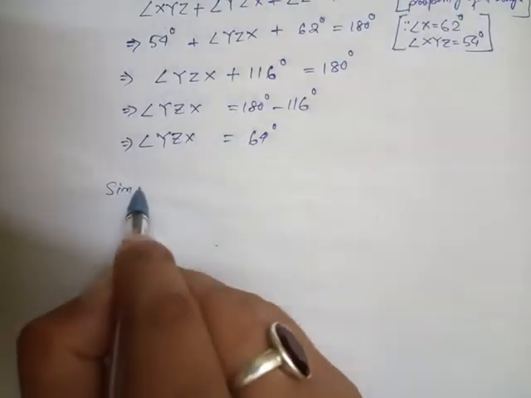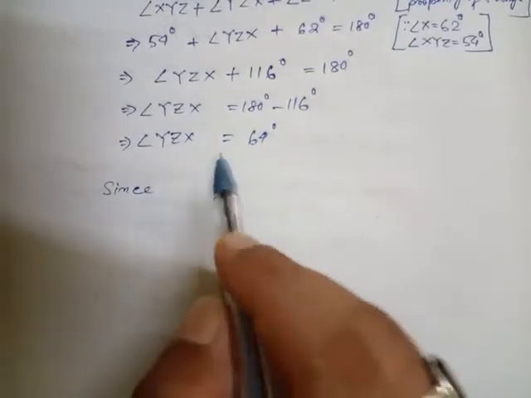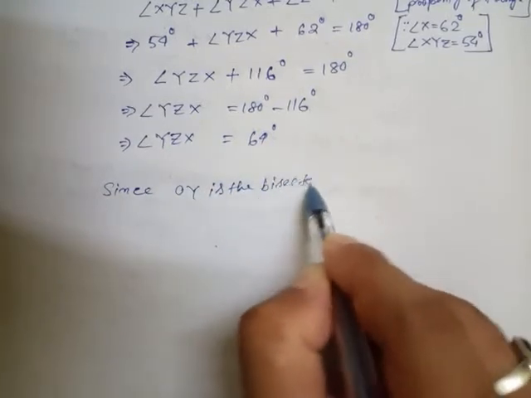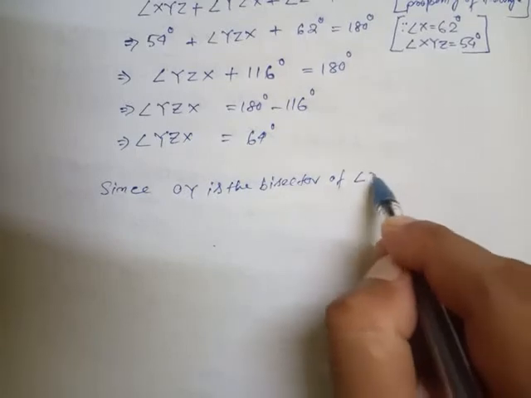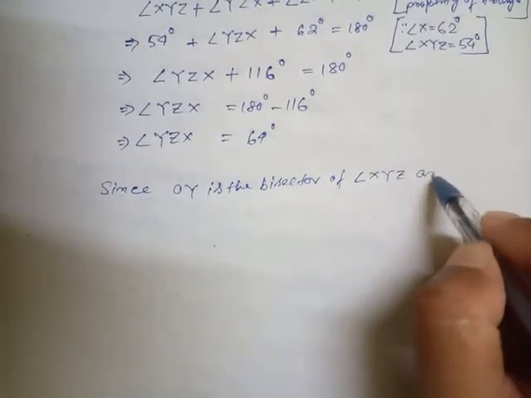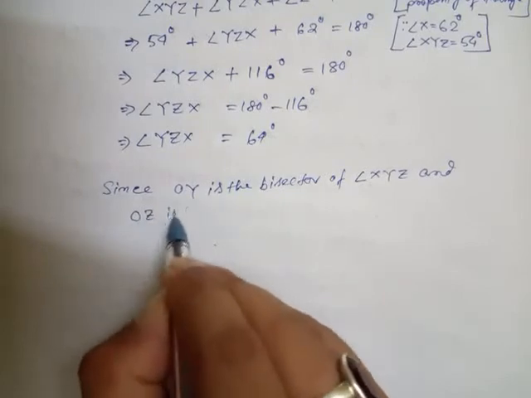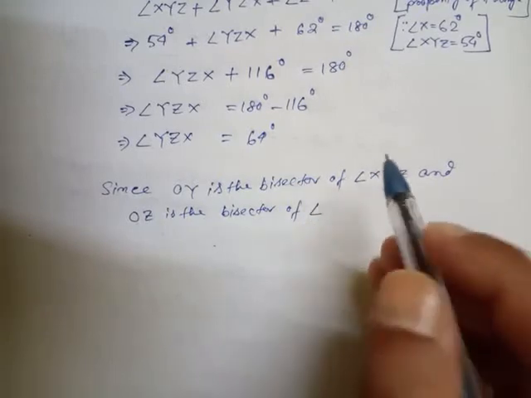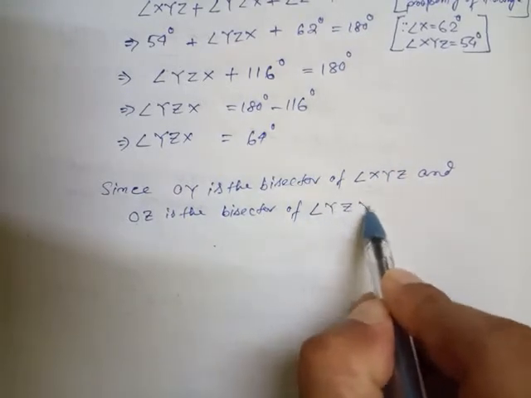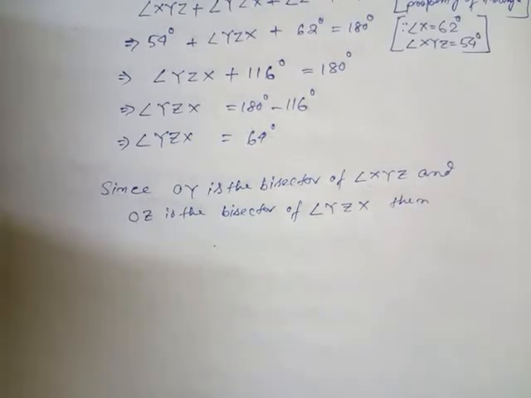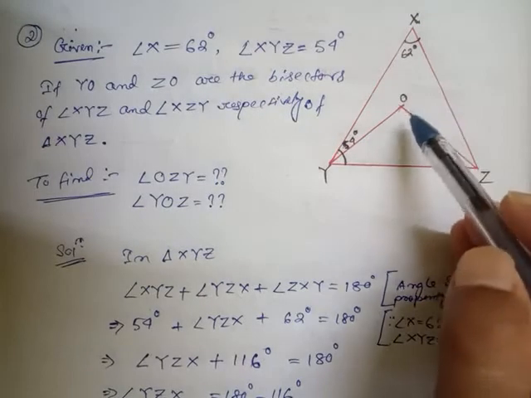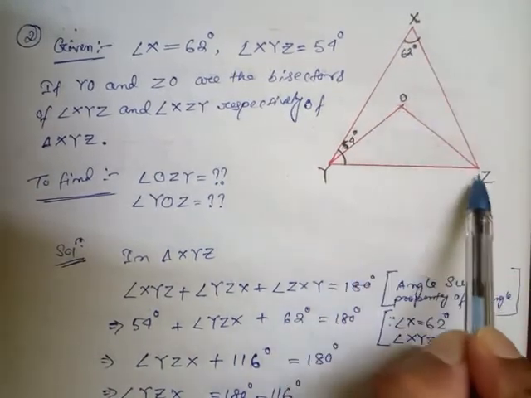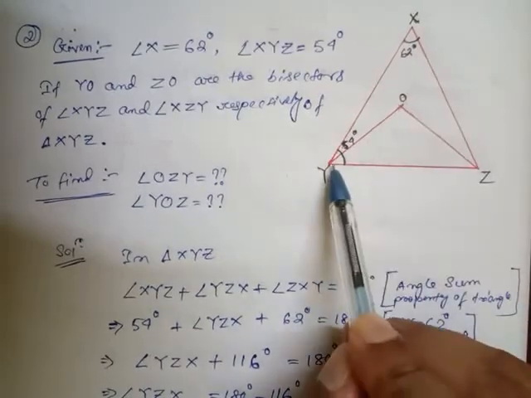Since OY is the bisector of angle XYZ, and OZ is the bisector of angle YZX, then student, look here, we'll write down OYZ, this portion is half of XYZ, and OZY, this portion is half of the YZX.